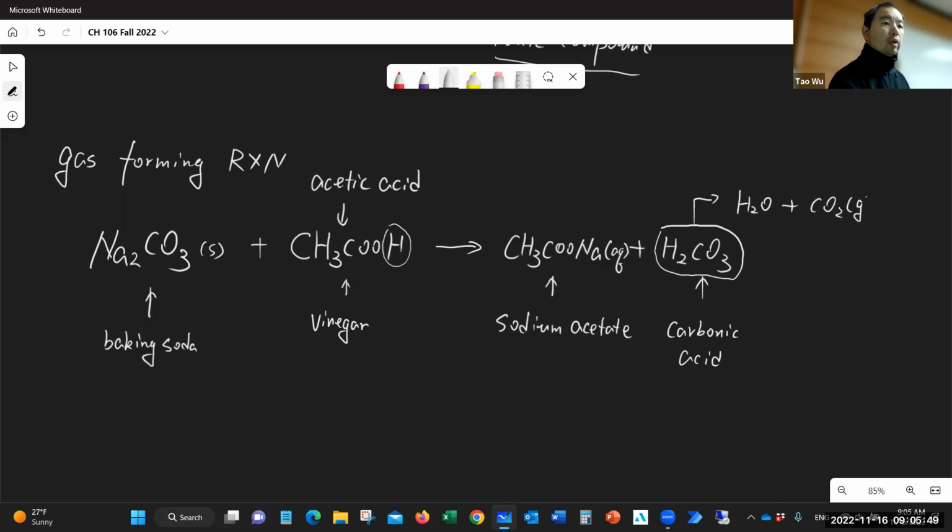The CO2 is a gas that comes out of the solution. That is the gas forming reaction. Once the baking soda is mixed with the vinegar, a lot of bubbles come out, and the bubbles are actually CO2.